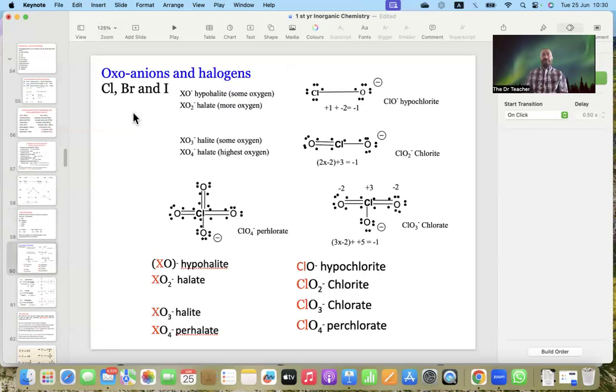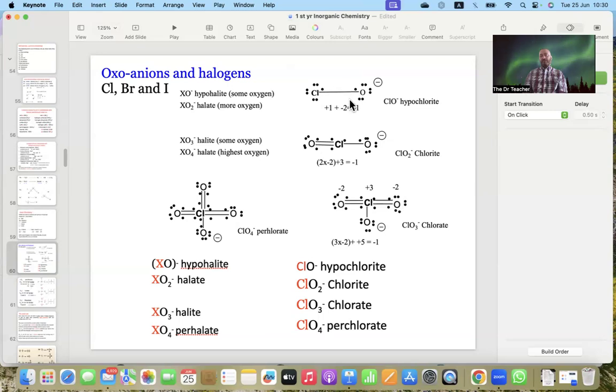Oxo anions and halogens. So let's look at some of these groups, where oxygen and halogen always come together. So if you see here, there is oxygen with the chlorine. So how can they combine together? Can it take 1 oxygen or 2 oxygens or 3?